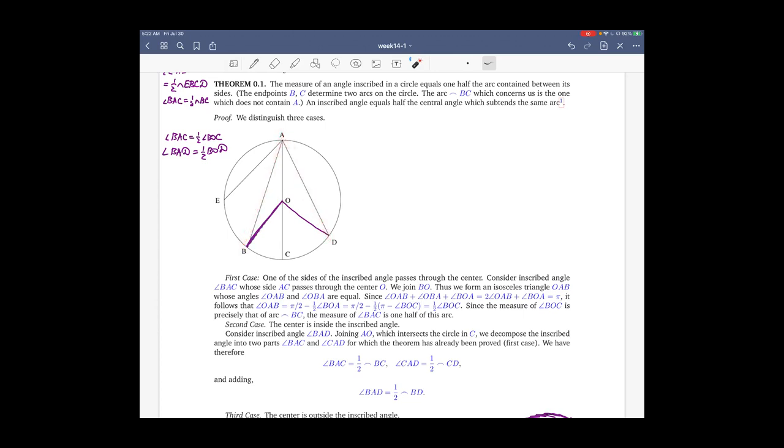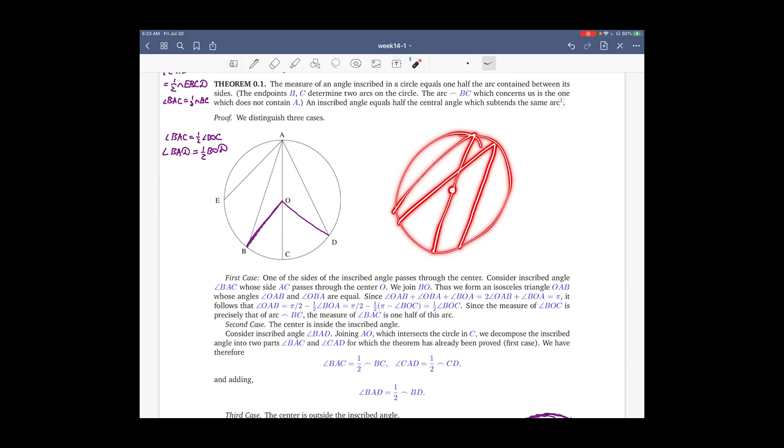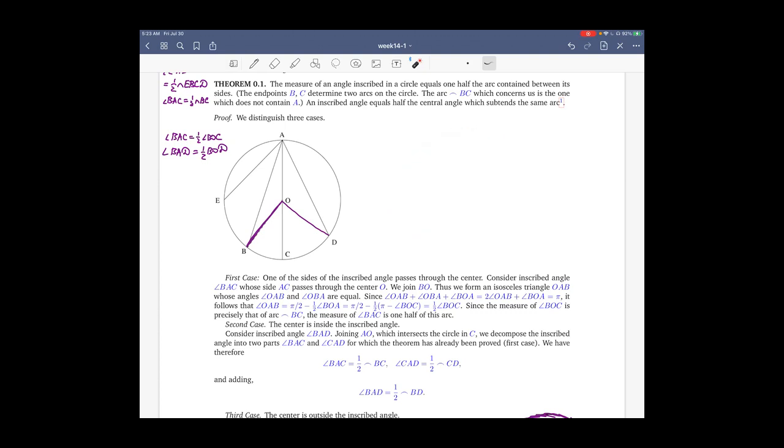And in the third case, the angle will be EAB, in which the center of the circle is outside the angle. Clearly, these are the only three cases that could happen. Whatever angle you take, either one of the sides contains the center, or the center is inside the angle, or the center is outside the angle. So our arguments will be slightly different in these three cases.